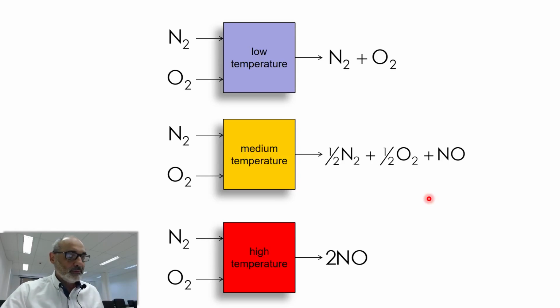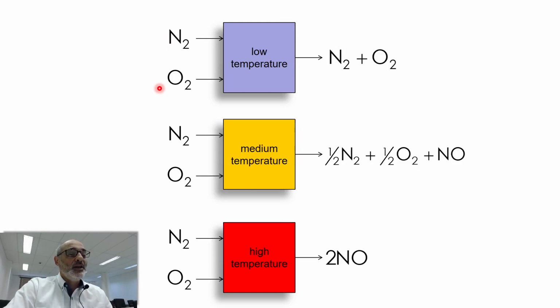So let's reason in terms of a very common example: nitrogen and oxygen. Right now, everybody's breathing roughly 79% nitrogen and 21% oxygen.